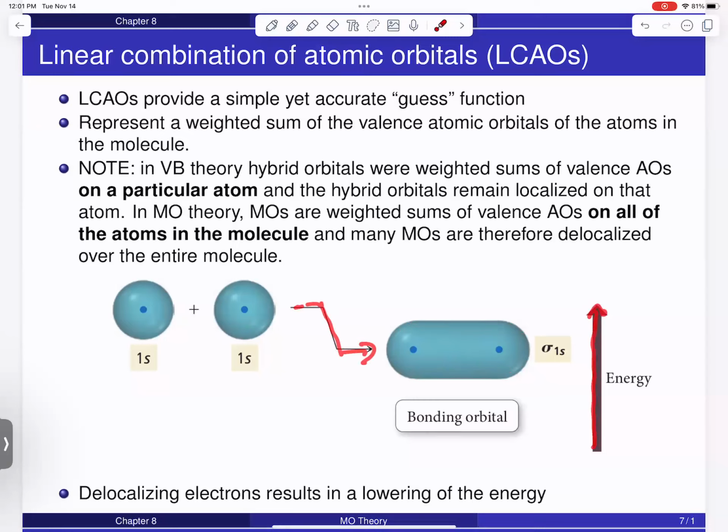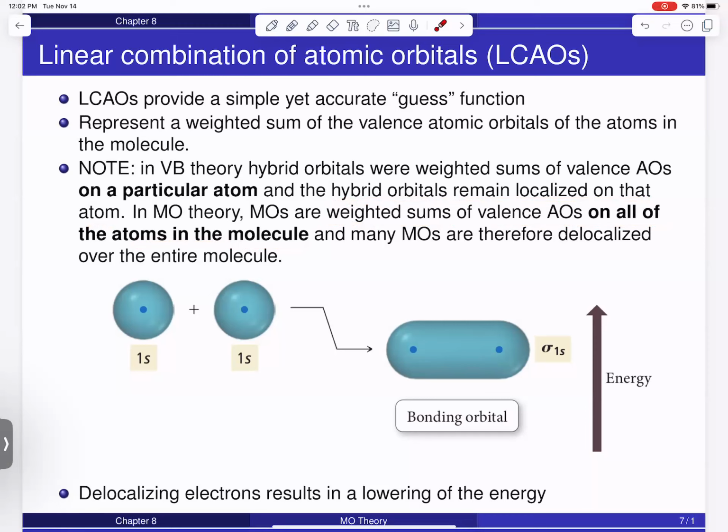So we look at increasing energy on the y-axis here, moving up. We see that forming this bonding orbital actually lowers the energy, right? And if we remember, in valence bond theory, orbitals were weighted sums of valence atomic orbitals that were just on a particular atom. The key idea back in valence bond theory was that these hybrid orbitals remain localized on an atom. And in MO theory, we are looking at weighted sums of AOs on all atoms in the molecule. So we're no longer localizing the electrons to individual atoms.